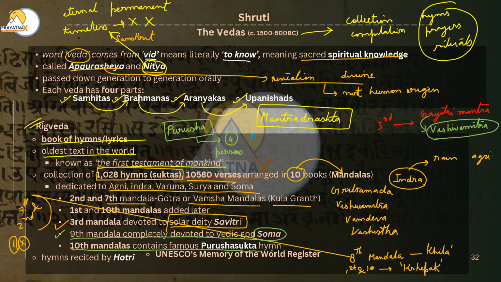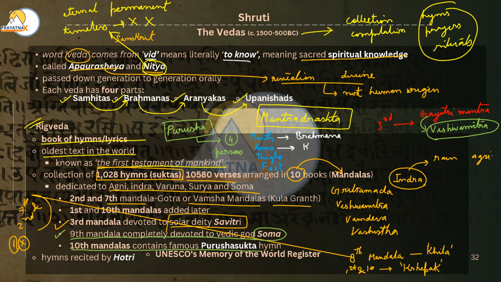They were the mouth, arms, thighs, and feet. From the mouth, Brahmana was created.